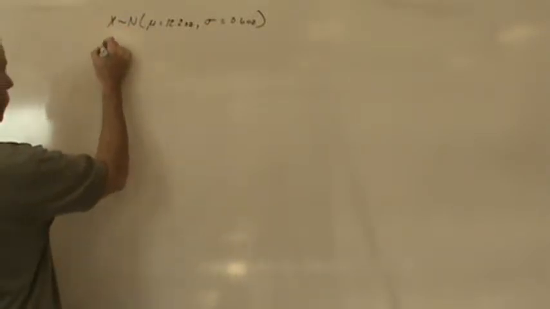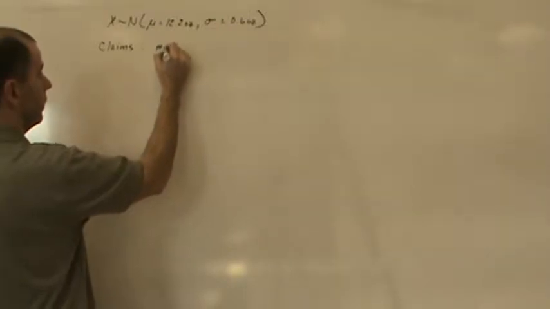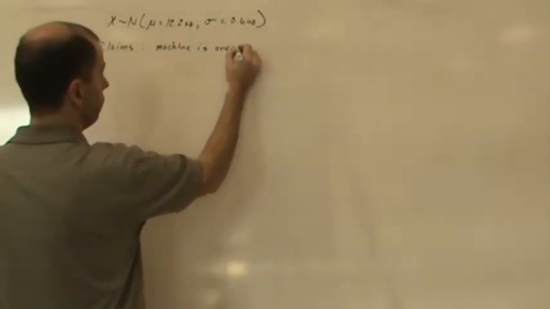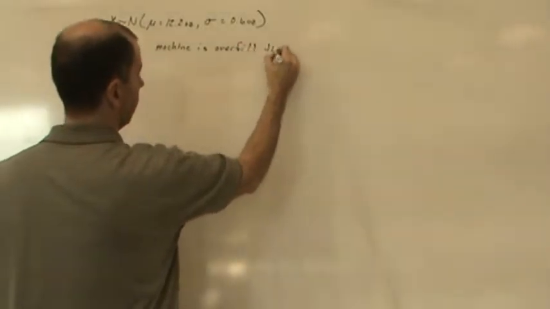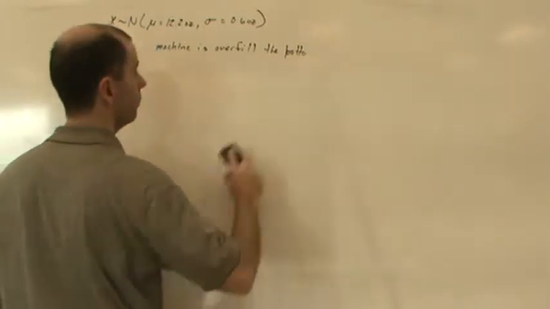Now the line manager suspects that the machine may be overfilling the bottles. Well, what does that mean? So he suspects and claims that the machine is overfilling the bottles.